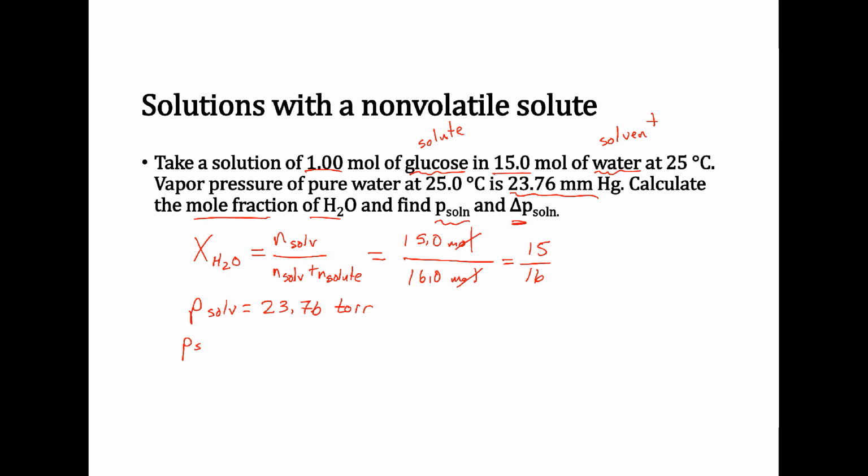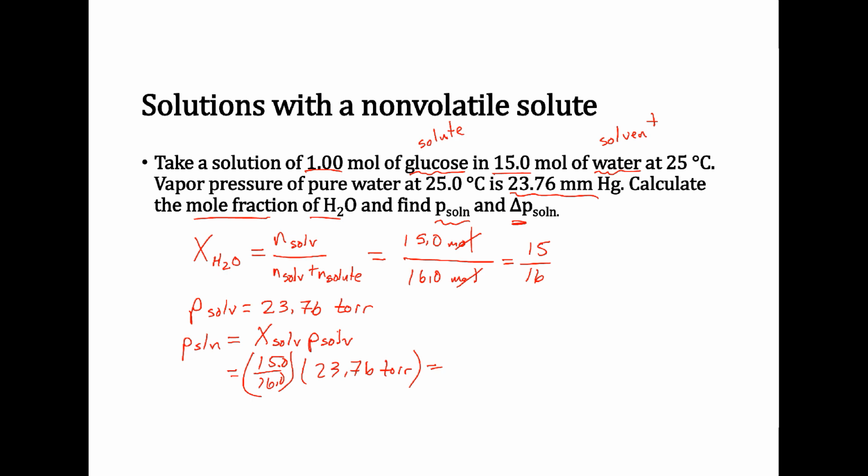Using Raoult's law, which says the pressure of the solution is equal to the mole fraction of the solvent times the pressure of the solvent, we can plug in our 15/16 times the 23.76. I guess we should keep in mind sig figs. This was 15.0 and 16.0.